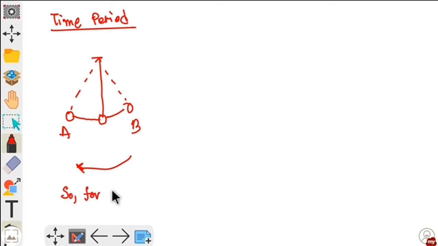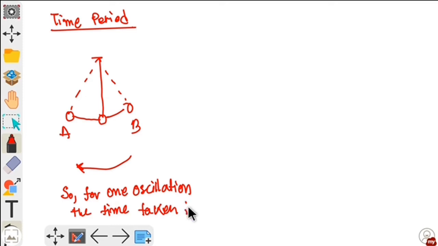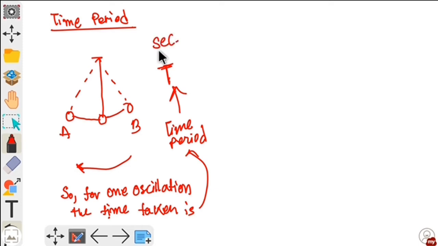So, the time taken for one oscillation is called the time period. It is indicated by capital T. The unit is second.